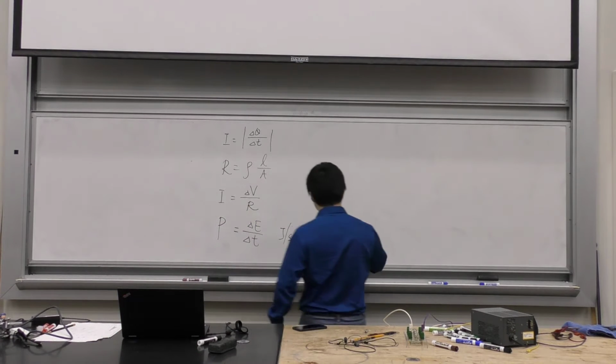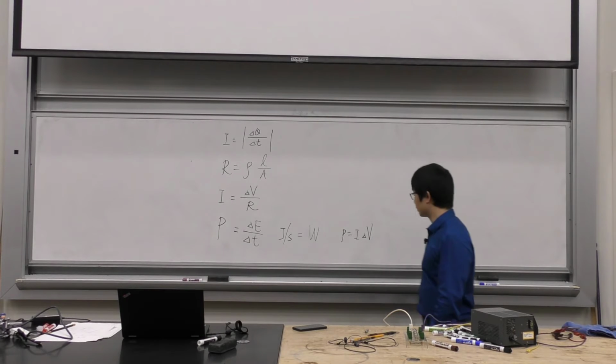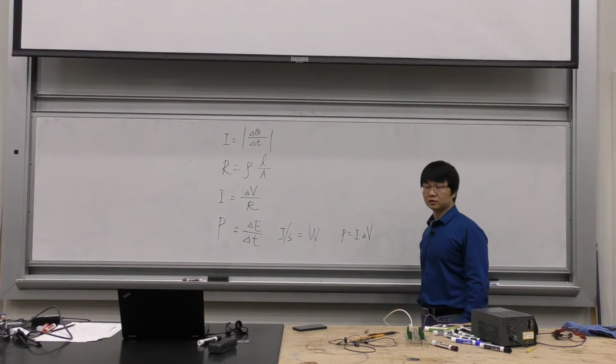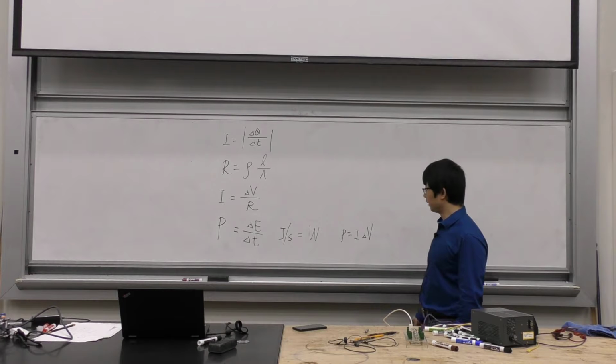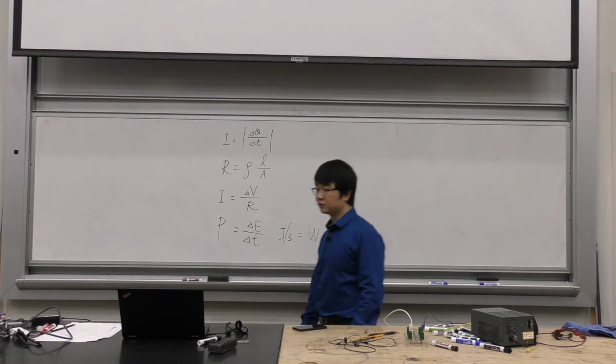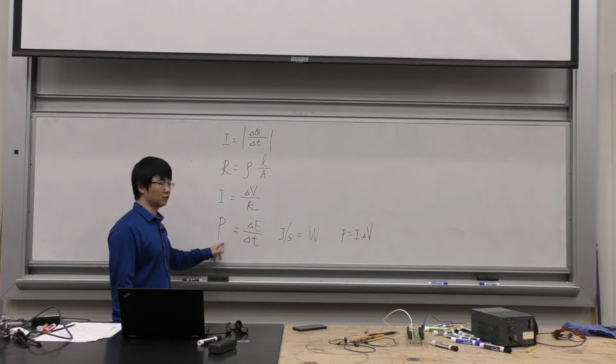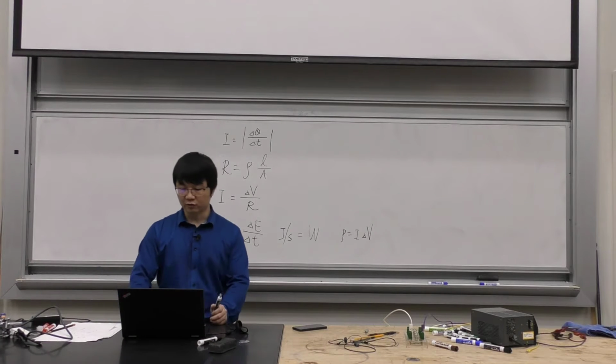So this equation is a special equation only for resistors in a circuit, right? I times V, the current times the voltage, okay? So we can use this equation to calculate the power of any resistor in a circuit. We're not going to derive that, we're just going to go ahead and use that equation. But this is still true in a circuit, right? This is still the general definition of power.